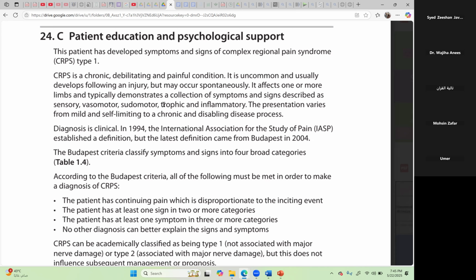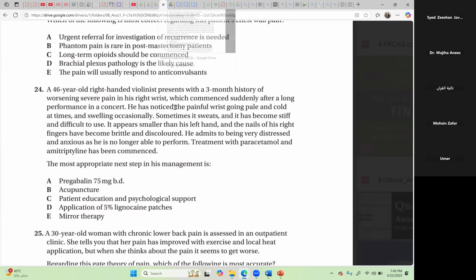It is a chronic debilitating painful condition. It is uncommon and usually develops following an injury, but may occur spontaneously. It affects one or more limbs and typically demonstrates a collection of symptoms described as sensory, vasomotor, pseudomotor, trophic, and inflammatory. So they have told everything here in the scenario. This patient has the vasomotor changes.